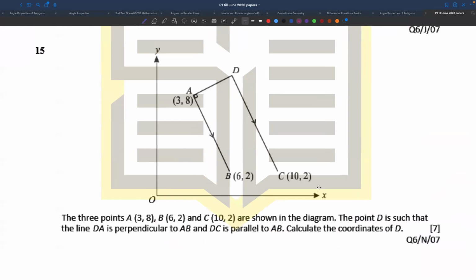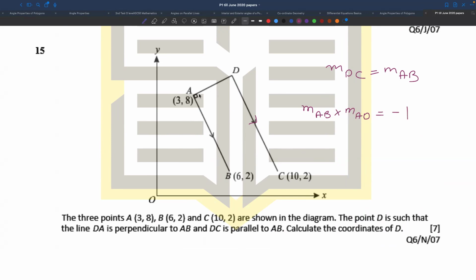Let's say question number 15. If I know the gradient of AB, do I know the gradient of DC? Yes, I know, right? Equal to the gradient of AB. And I also know that the gradient of AB multiplied with the gradient of AD will be what? -1, right? So that is something I know.